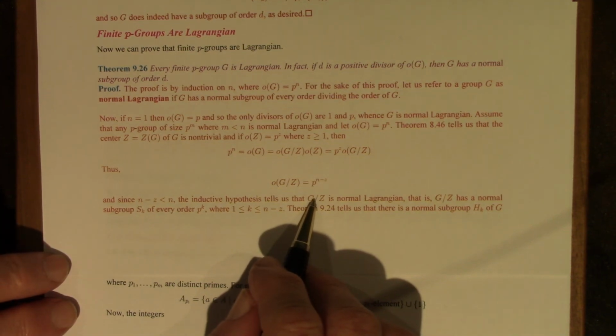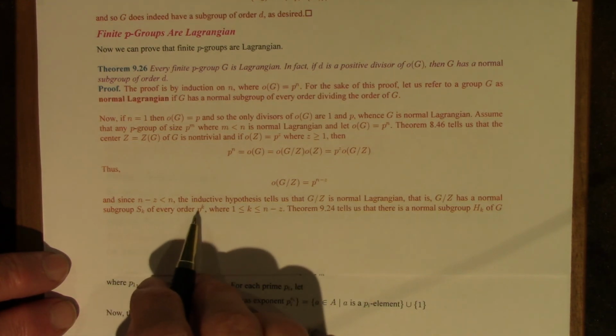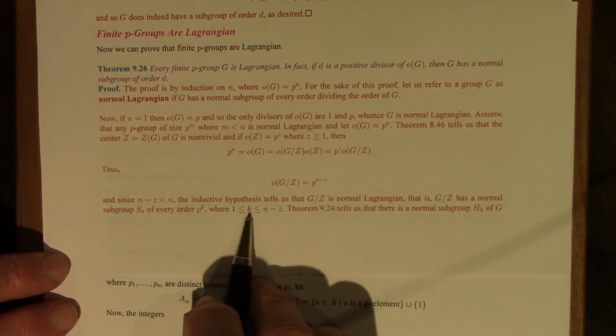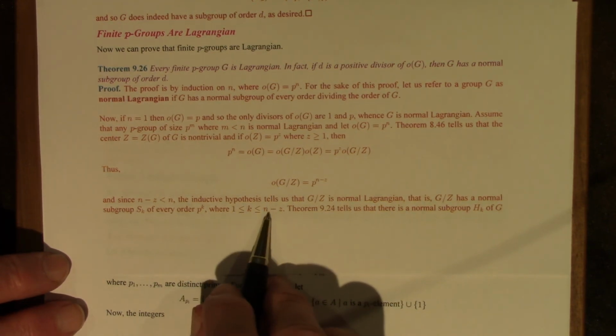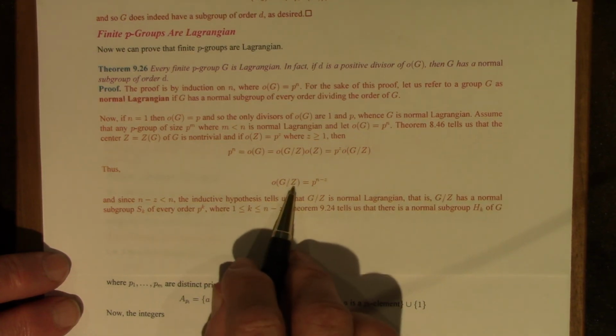It has a normal subgroup, S sub k, of every order P to the k, where k now is ranging from 1 to n minus Z, because that's the order of the group we're dealing with.